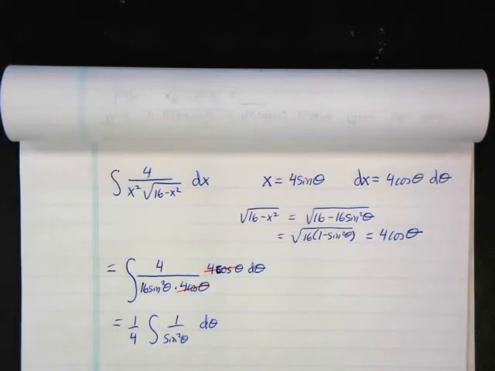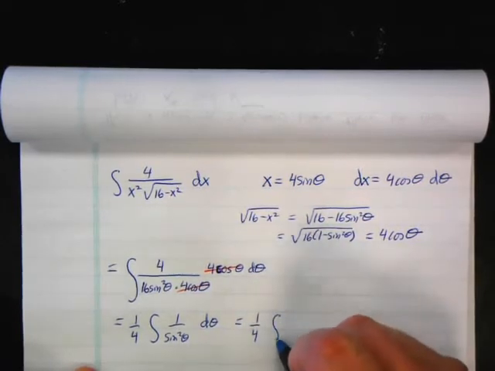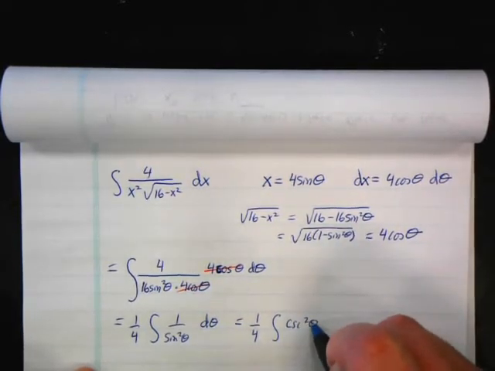All right, so how do you integrate 1 over sine squared theta? There's a formula we have. Excellent. What's the formula? It's on the note card. How about, this is the same as 1/4 integral of cosecant squared theta.